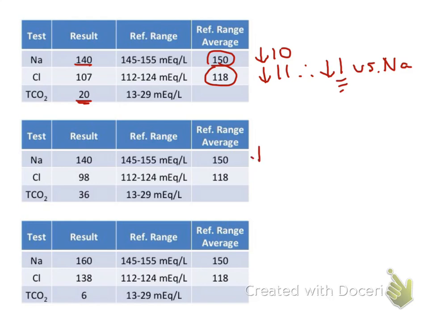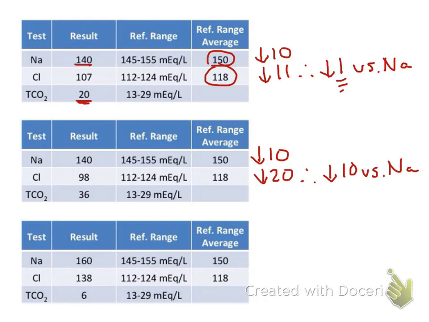In the second example, sodium is decreased 10 units from its average, and chloride is decreased 20 units from its average. Therefore, chloride is decreased 10 units relative to sodium. And we generally give chloride about 3 units wiggle room. Since 10 is greater than the 3-unit wiggle room, it's too far away from sodium.